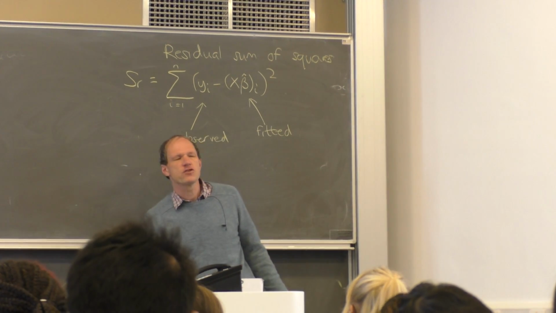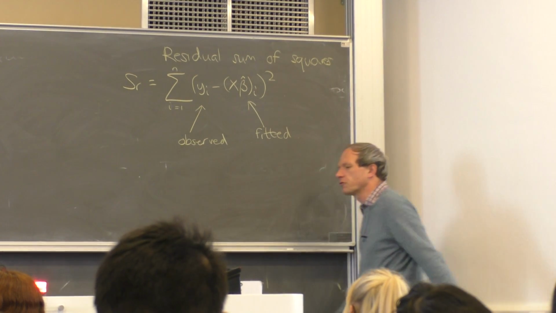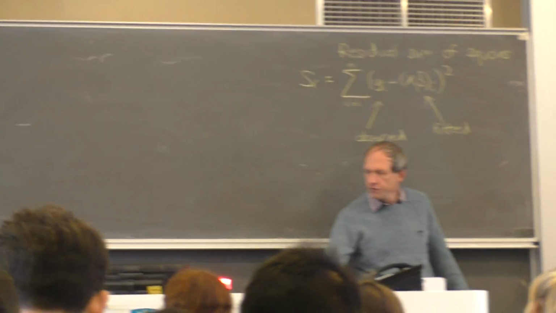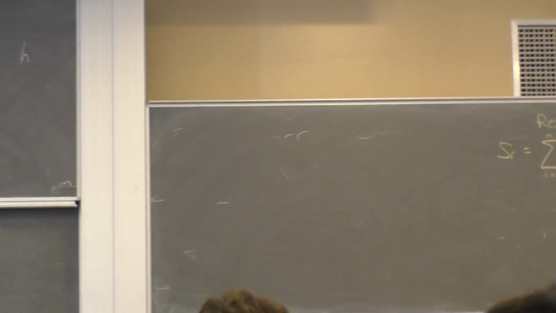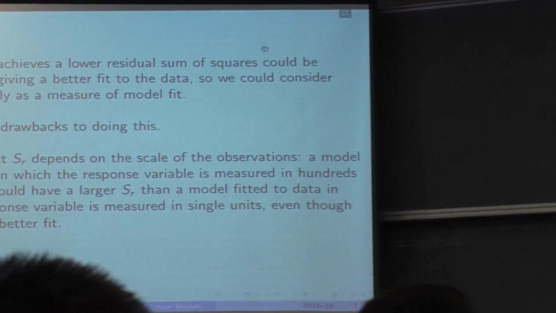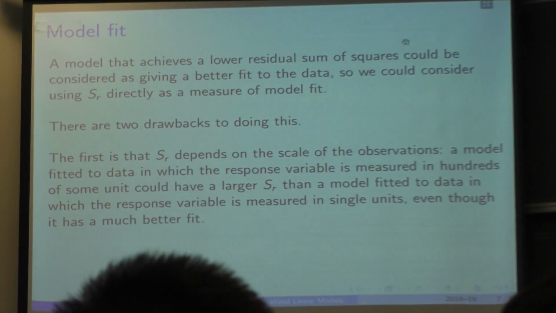Now, there are a few reasons why that's a bit naive, and I'll start off with a couple of them. First of all, SR, the residual sum of squares, depends on the scale of the observations. So it has intrinsic units.